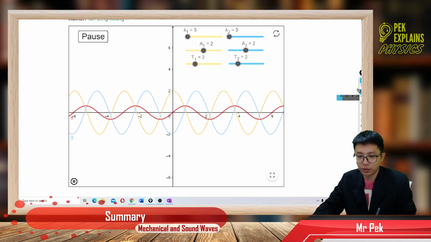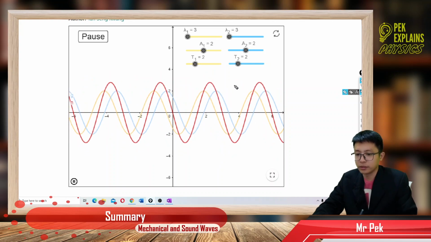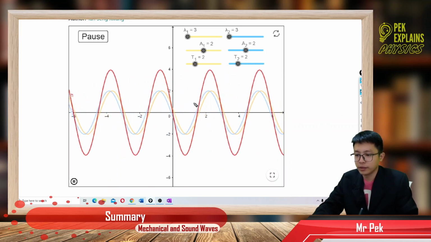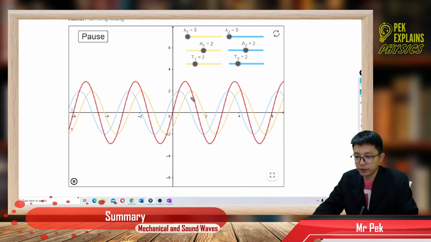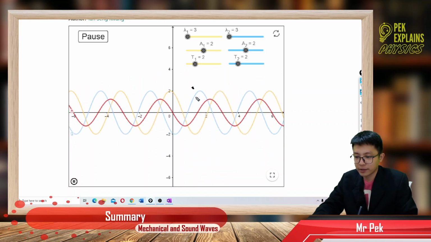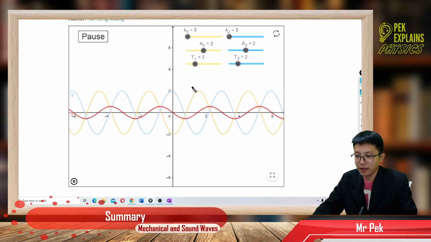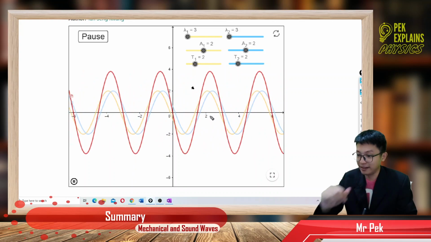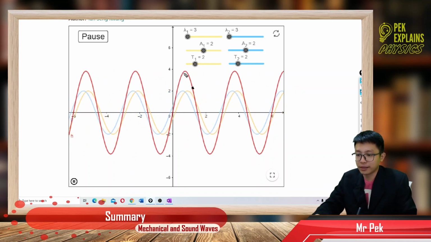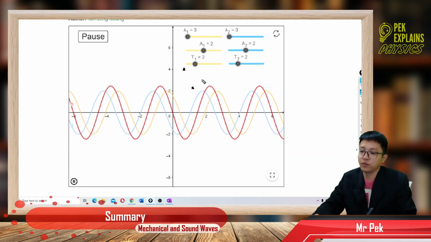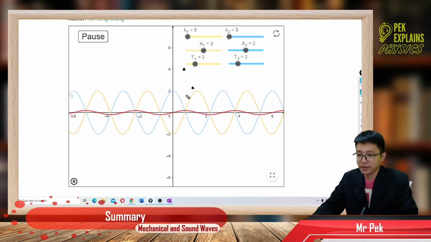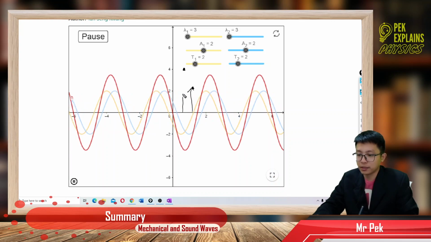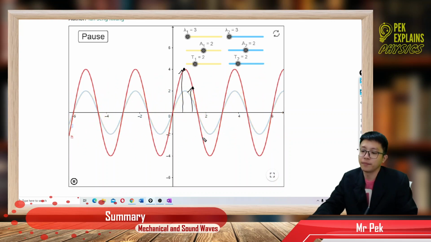Okay, maybe I want to draw. You look at here. This particle, you see the particle only reached this position, and compared to this particle, it has amplitude 4. This particle can only reach this position, and this particle can reach this position.